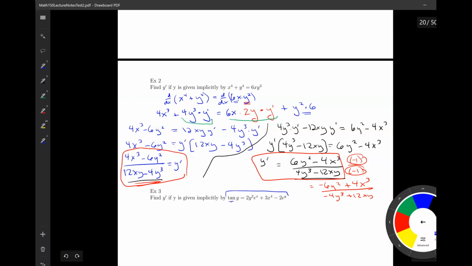So here I have tangent. You know the derivative of tangent is secant squared, carry the angle along, and then multiply by the derivative of the angle. Then you recognize you see product rule.